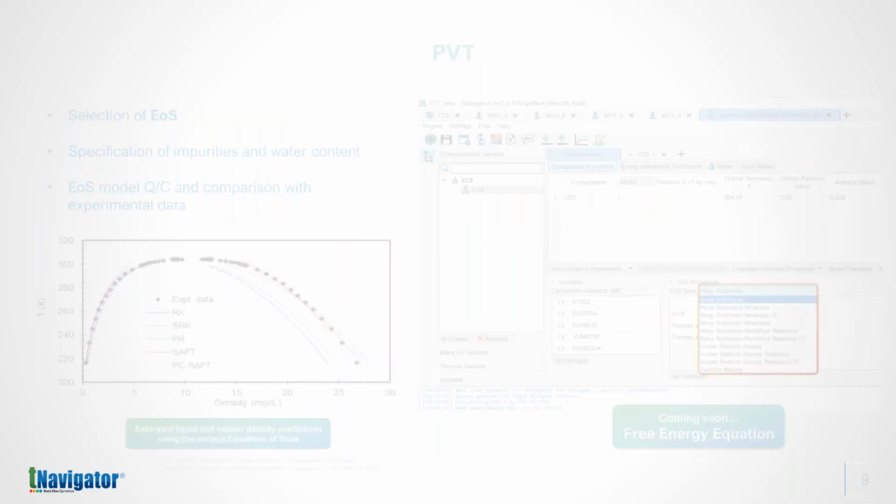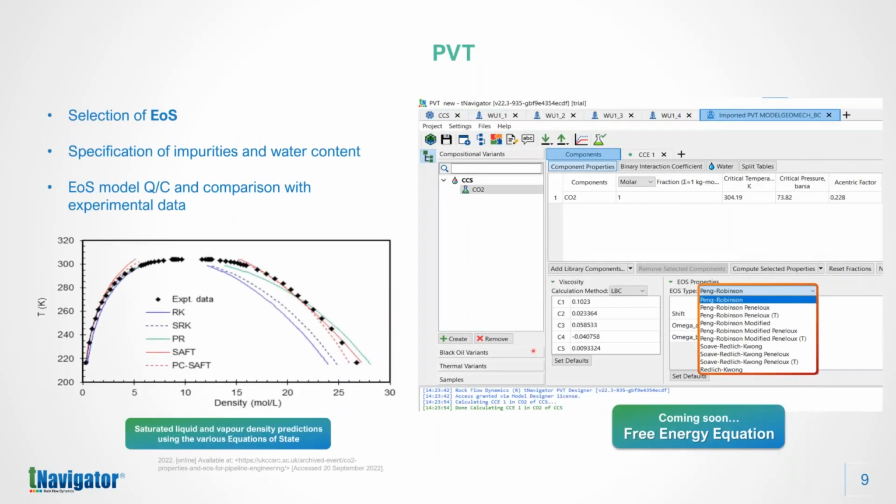Going further to the PVT, we have a variety of different equations of state which might be used to describe PVT properties of CO2. However, most of them have some uncertainty in density calculations.